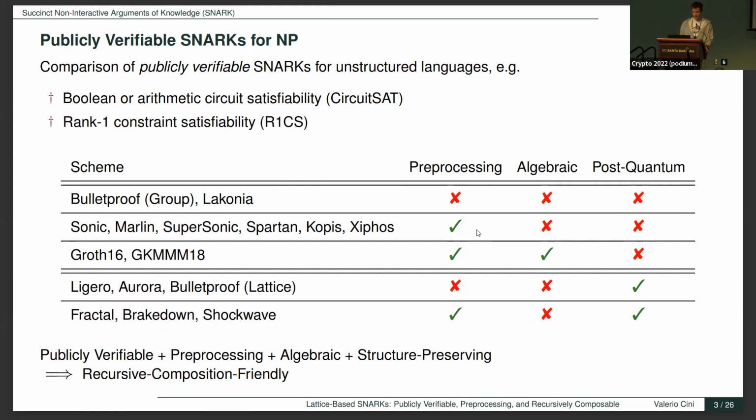And by post-quantum, in a very liberal sense, we mean anything that is not trivially broken by quantum computers, so anything that is not based on groups, for example. Then we see that none of the constructions achieves all these 3 properties at the same time. And moreover, if you are able to construct a SNARK which is also structure preserving, so a SNARK where the relation checked in the verification is supported by the SNARK itself, then we get a construction that is friendly to recursive composition. So a SNARK where you can prove knowledge of a SNARK proof itself.